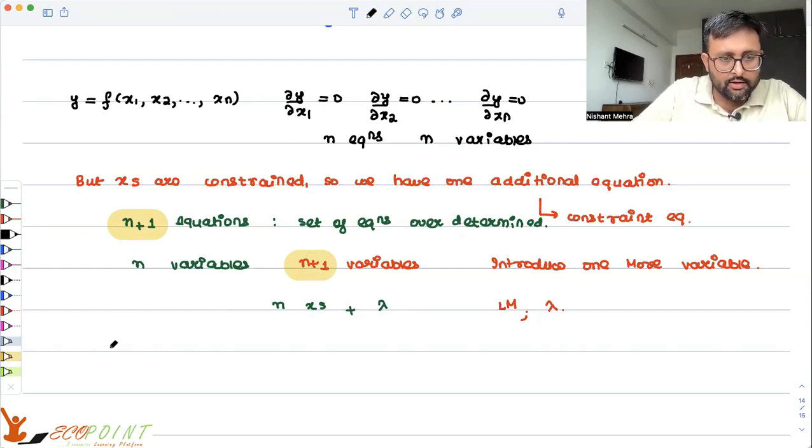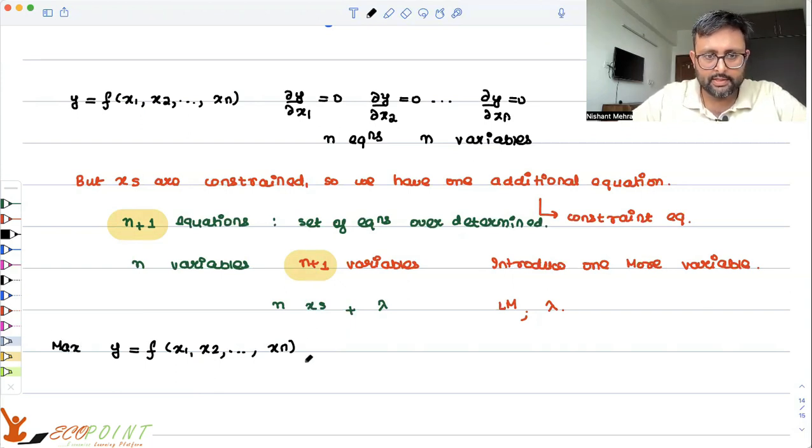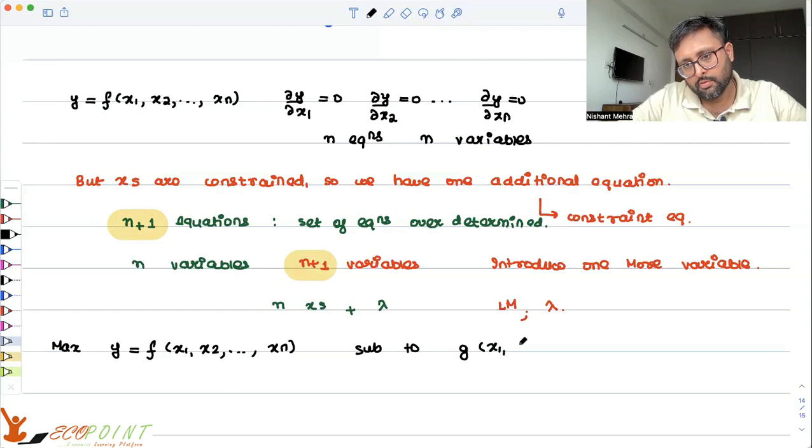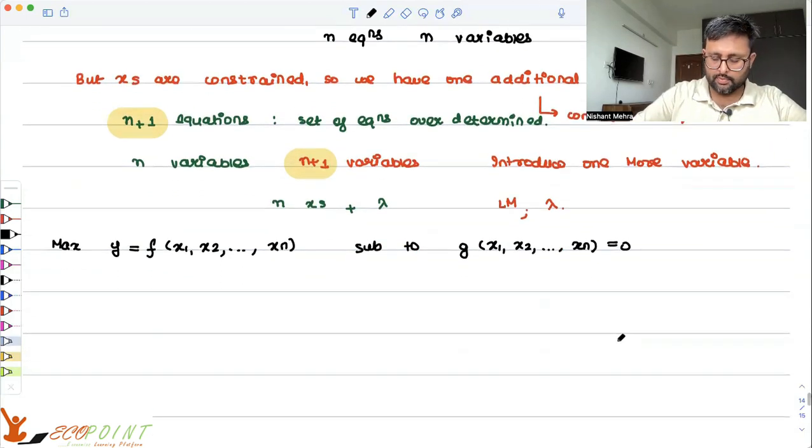You have y equal to f of x1, x2, and so on to xn, which you want to maximize, subject to g(x1, x2, ..., xn) equal to 0.